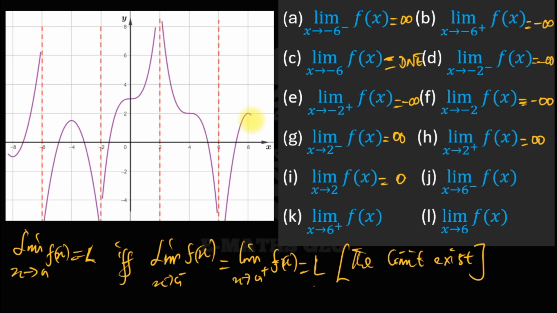For the vertical asymptote at 6, as you can see, f of x is decreasing without bound from both left and right, so both are negative infinity. Since they are equal, it will give us negative infinity.